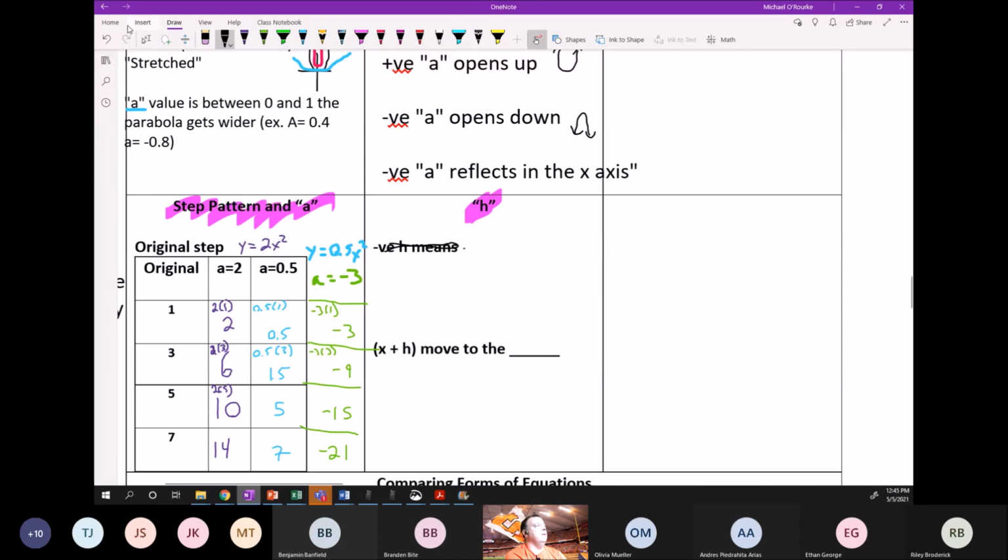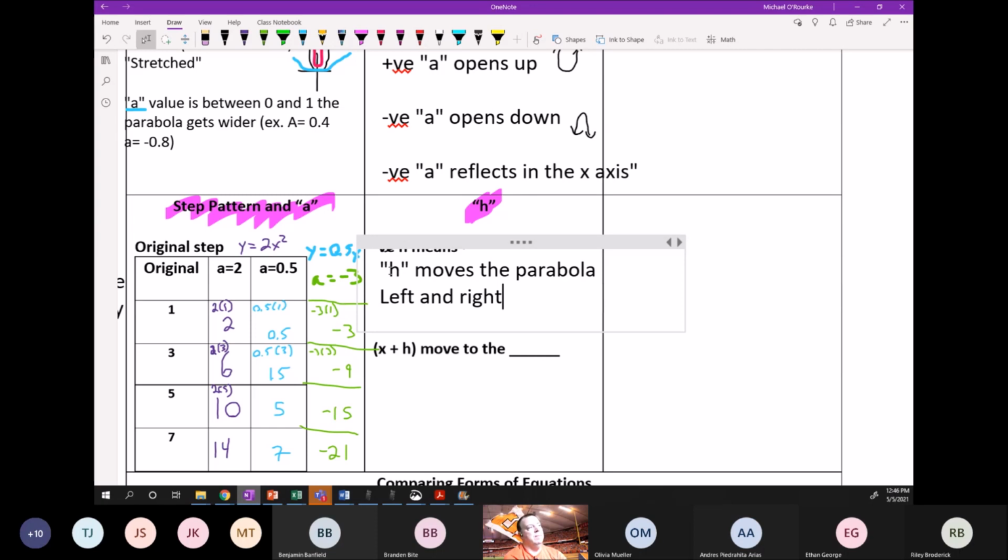Now let's first write, okay. So h moves the parabola left and right.